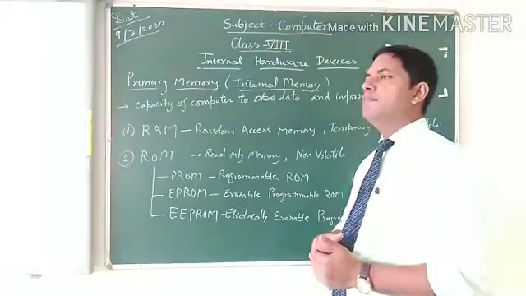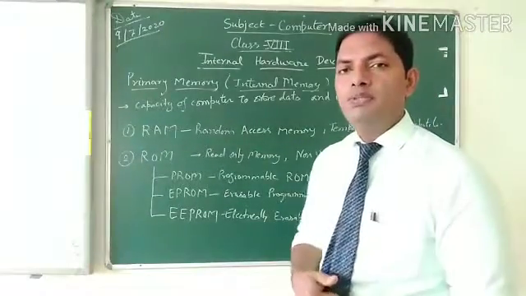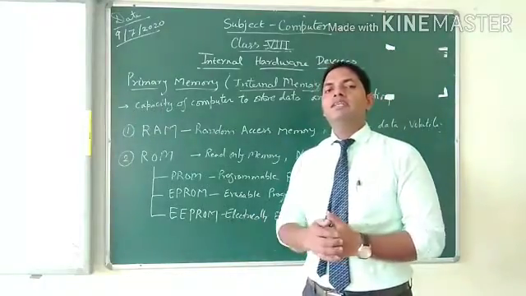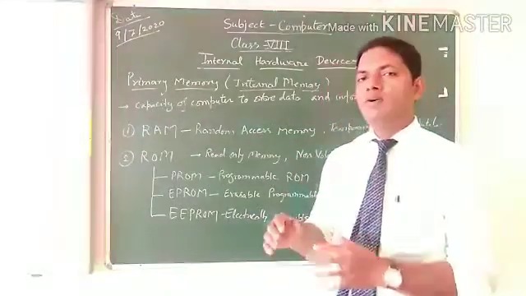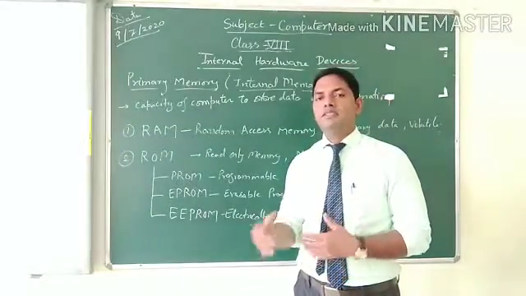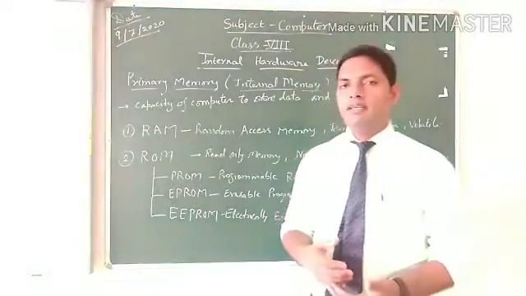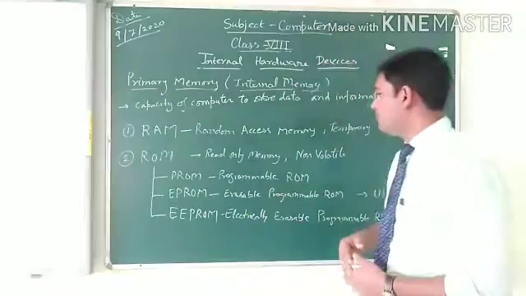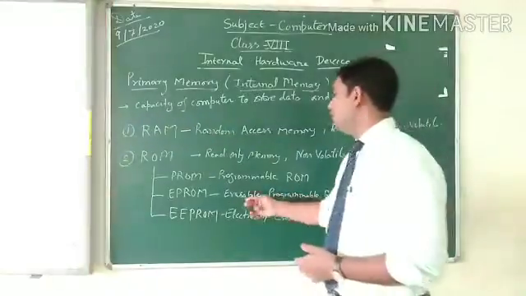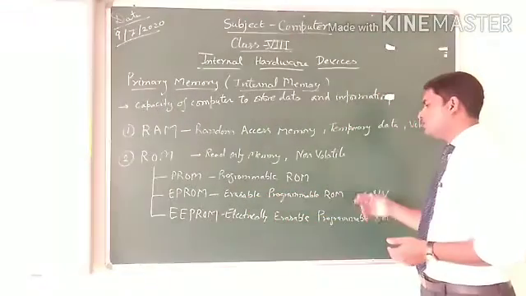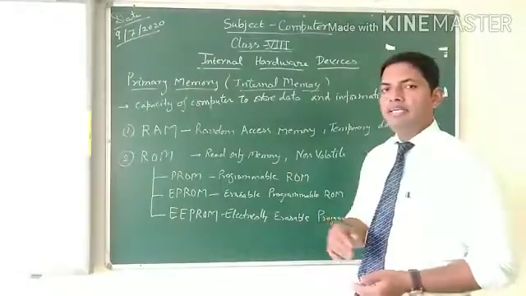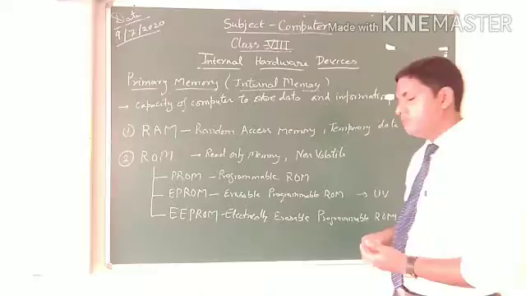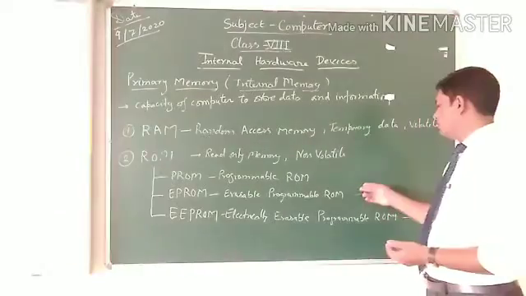Programmable means the user can set some instructions according to his need, but he cannot change the manufacturer's default setting. That's why it is said to be programmable ROM. In erasable programmable ROM, some of the data given by the user himself, not by the manufacturer, can be erased.